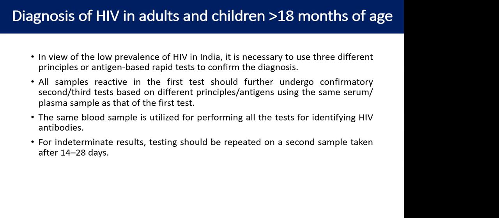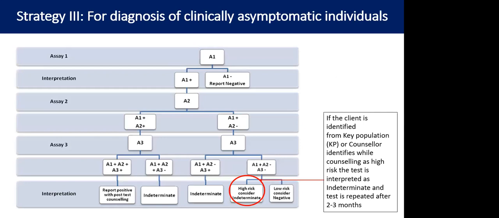So this is the testing strategy of NACO that is being followed at all ICTCs for clinically asymptomatic patients. As I said, strategy 3 is employed, where the assay 1 is A1.